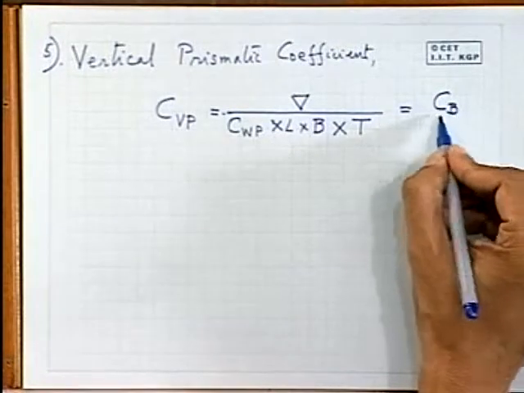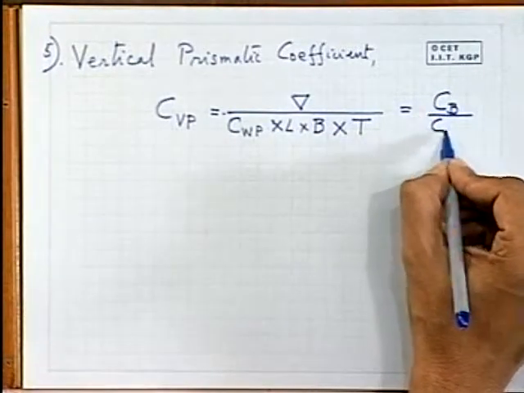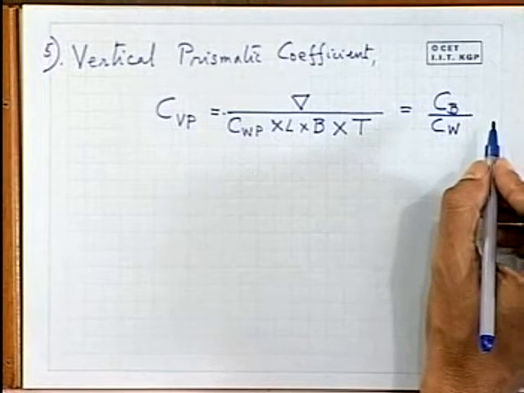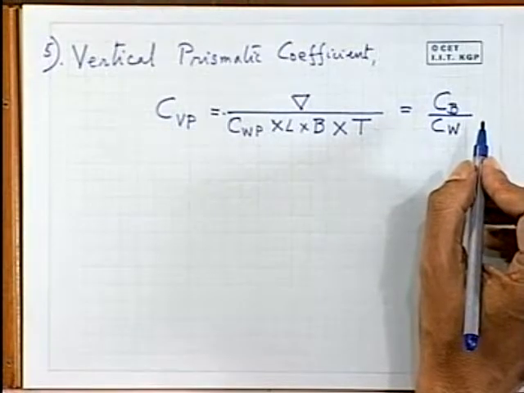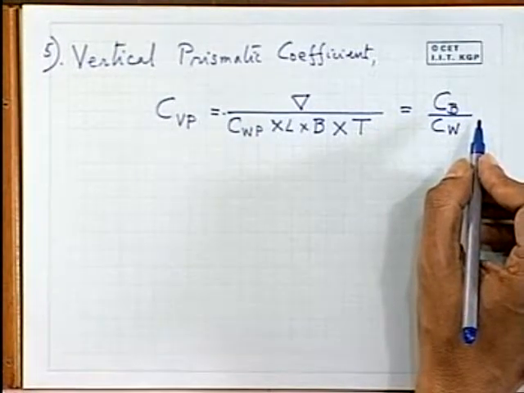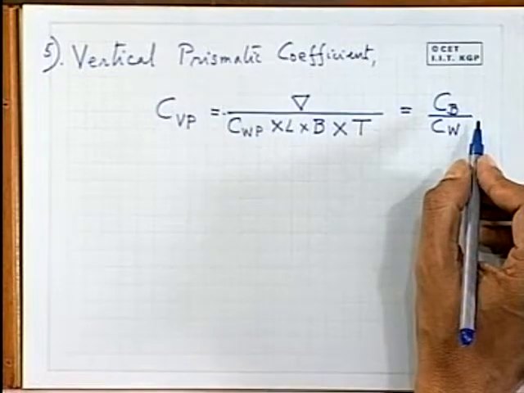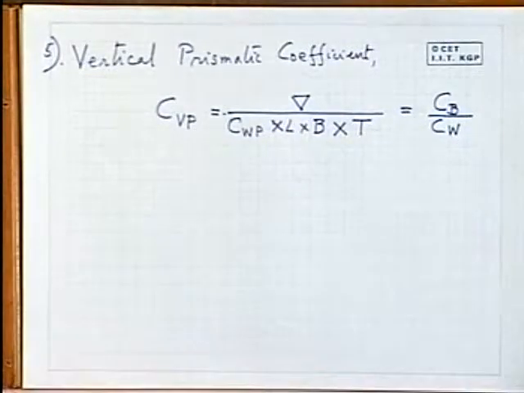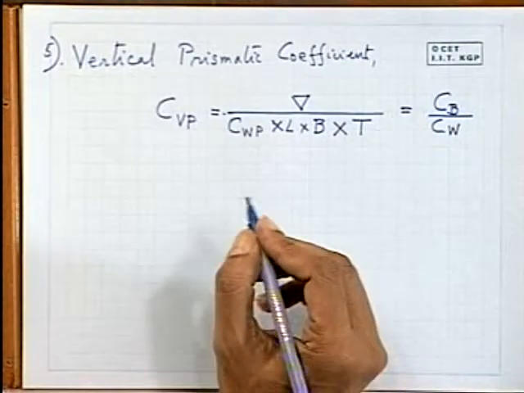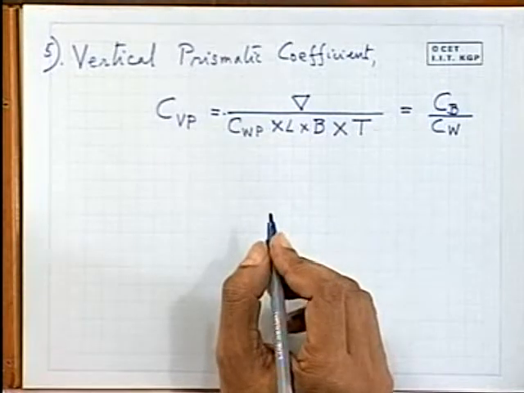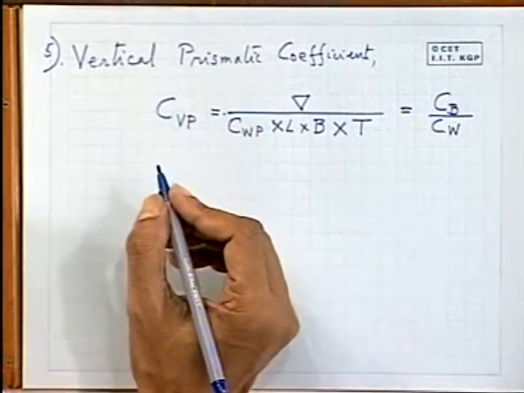So this is nothing but the block coefficient divided by the water plane area coefficient. This is called the vertical prismatic coefficient. The other one that we have calculated is Cp, which is Cb divided by the midship area coefficient.